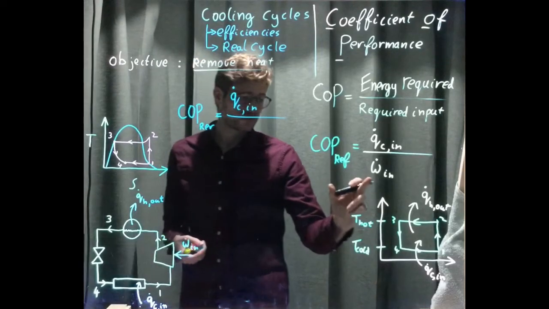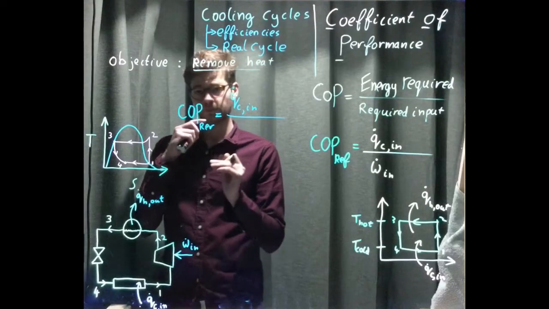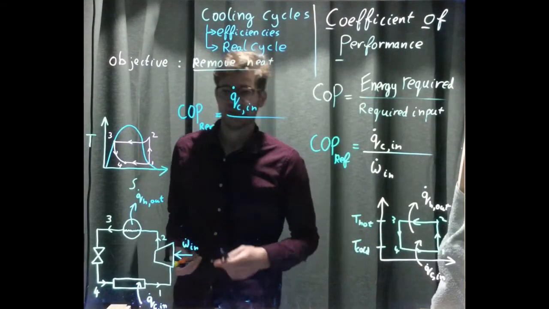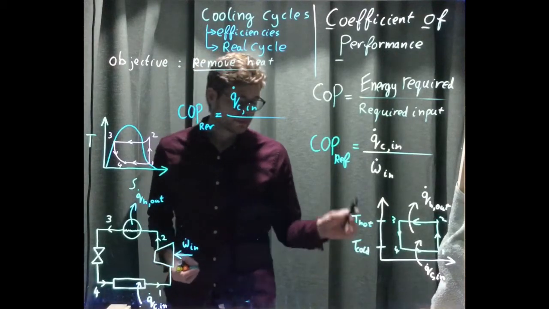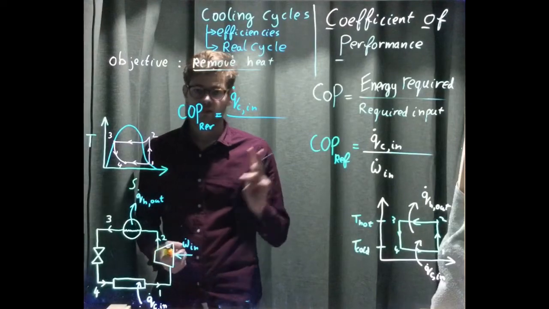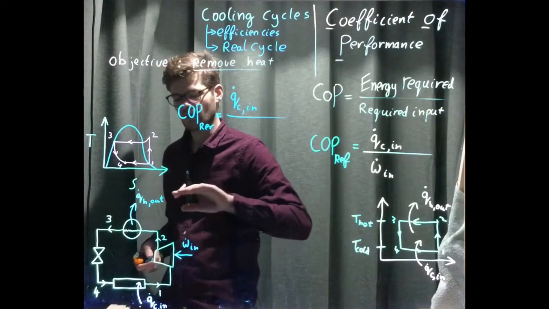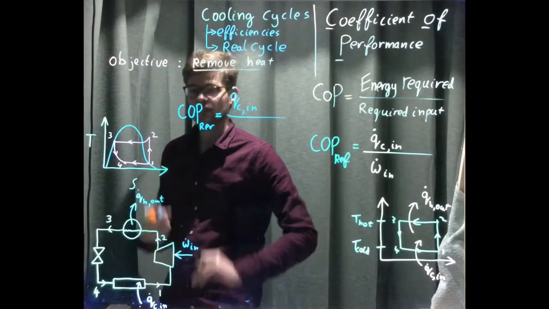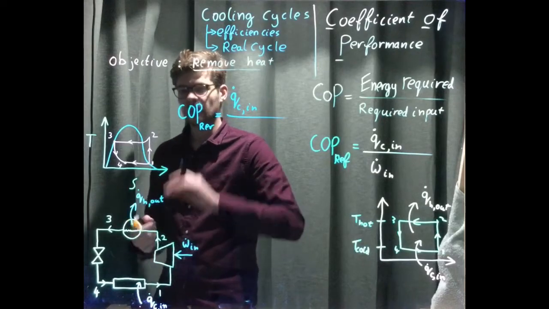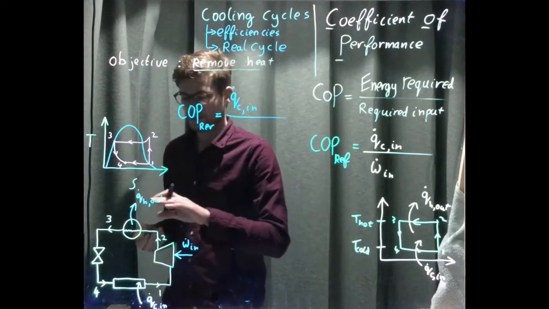But as we're not talking about a work input anymore, we're just talking about the heat input, we have to express the work input in other terms. This can basically be done by looking at the energy of the system. We have two energy flows, a flow out and a flow in. I need to add energy to the system by work in to get this outflow of energy, the Q hot out.